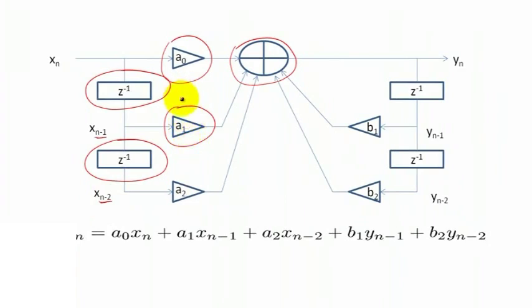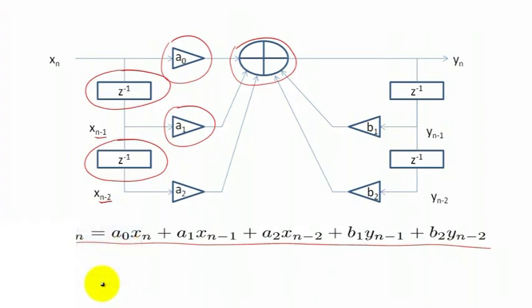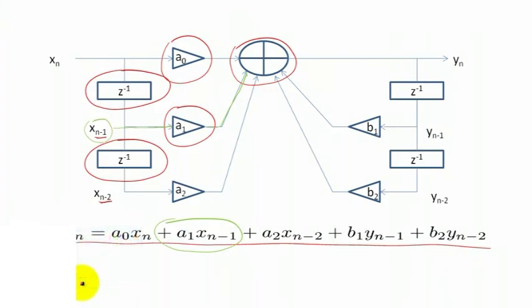This filter is expressed by a difference equation that is created by mapping the add and multiply operations to a mathematical expression. For example, we multiply x sub n minus 1 by a sub 1 and add it to our final y sub n. We will discuss difference equations in greater depth later, so this is just an introduction.